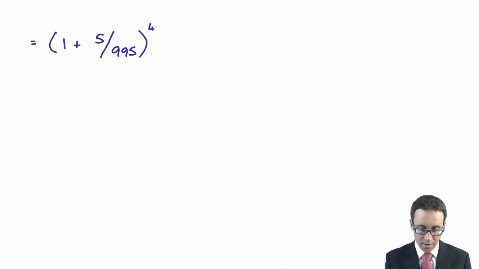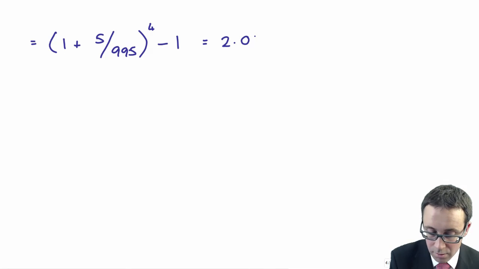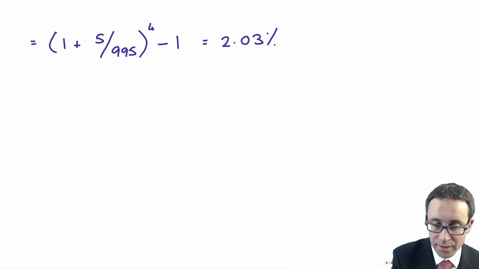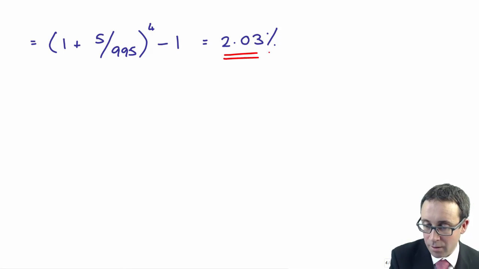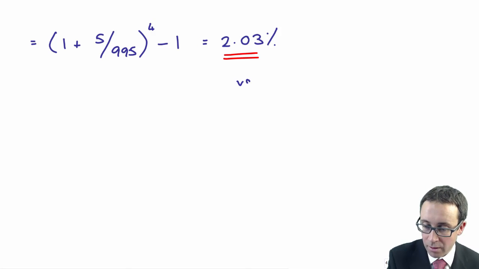Is that right? 5 divided by 995, 1 plus my answer, to the power of 4. And then subtract 1, isn't it? There we go. That gives you there, is it, 2.03%.